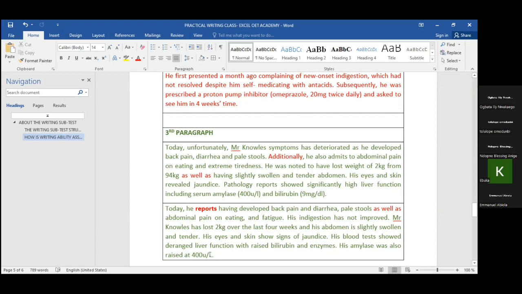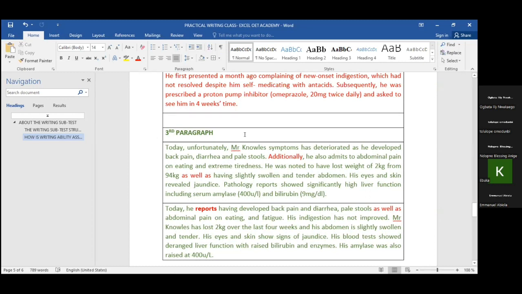U per liter. So now, this is another way of writing it. Okay, you can see that I first took the symptoms, went on to the fact that he has lost some kg. Okay, you can see I always try to write the name of the patient, even though it's once in the paragraph, especially when it's a long paragraph. You can see I brought Mr. Nose here.